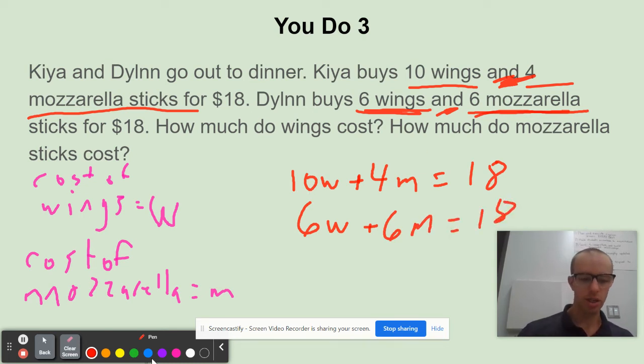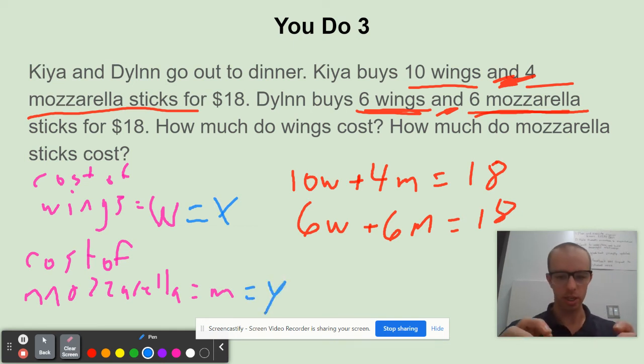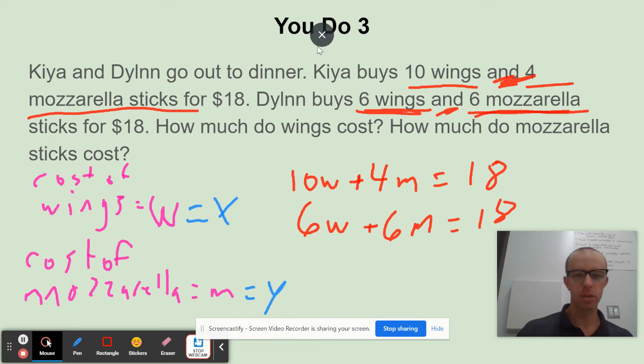All right. So now that I've written my equations, I can use Desmos to solve. I'm going to say wings are X and mozzarella sticks are Y. Remember, Desmos will only take X and Y. And so now I can just plug it into Desmos.